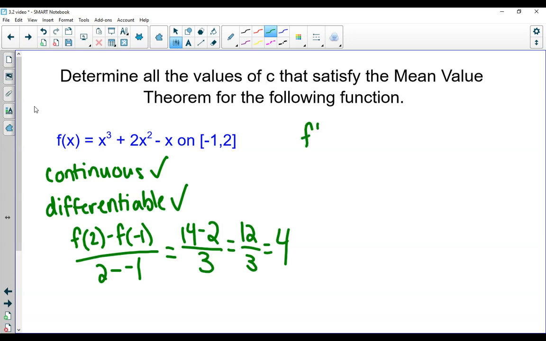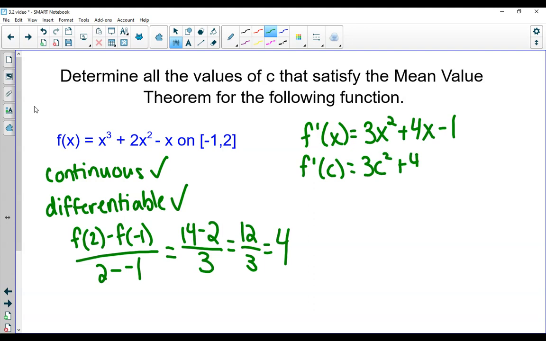So I need to find f prime of x. f prime of x is 3x squared plus 4x minus 1, which means f prime of c is 3c squared plus 4c minus 1. And again, what we are now doing is saying, where is this equal to 4?